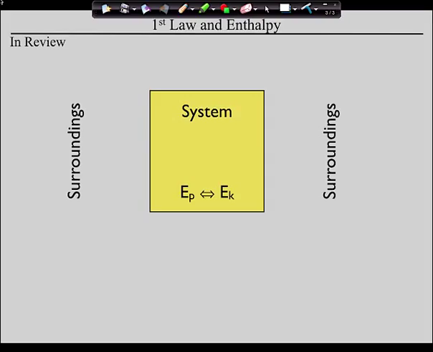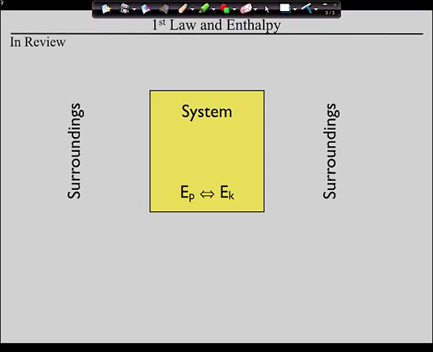Now, we also talked about the idea that the system and the surroundings can exchange energy. But this is important: I hope you're comfortable with the idea that kinetic and potential energy can actually interconvert. When did you see that on Wednesday? The ball, the block. As the block fell, potential became kinetic energy, right?